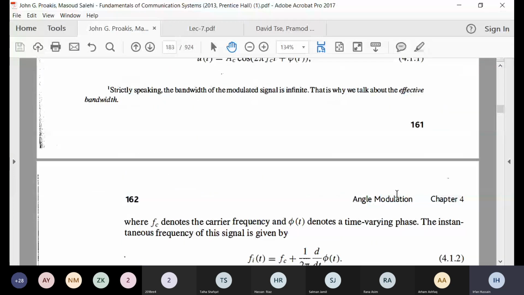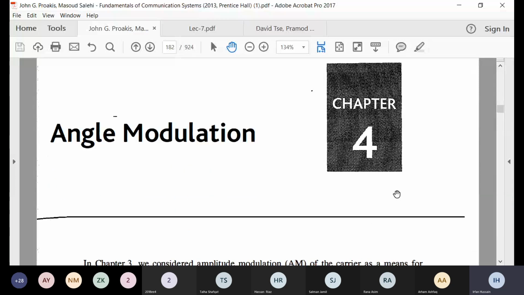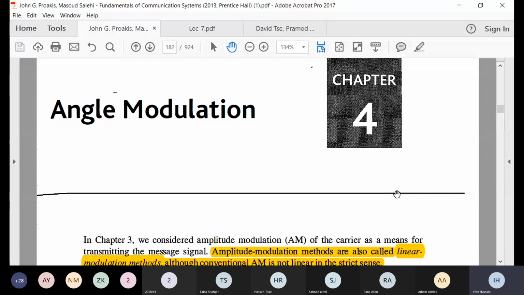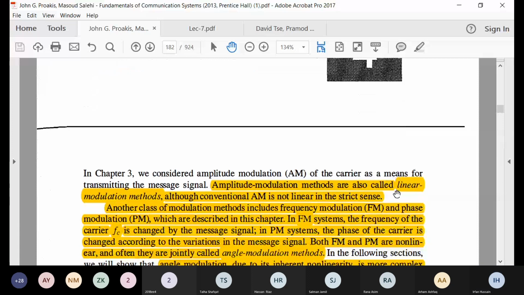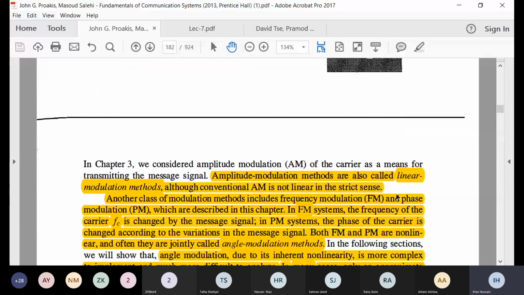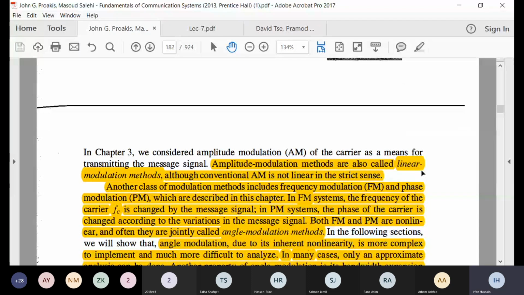So now we go to the next chapter, and that is angle modulation. Previously we were studying amplitude modulation. Amplitude modulation, we know it is non-linear, but industrially you can call it a linear modulation method, because loosely speaking, you are not changing the spectrum.